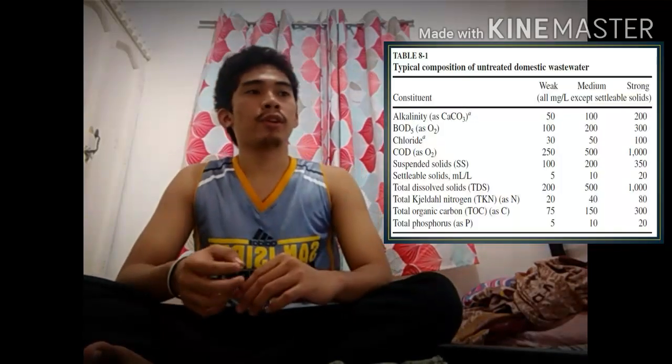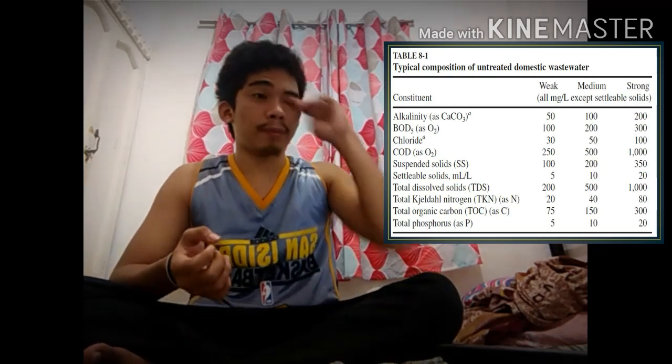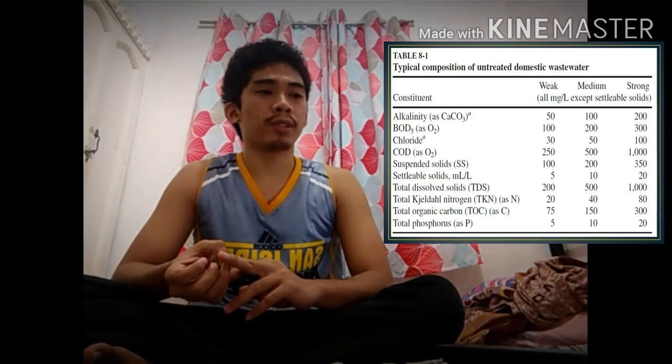In this table, we can see the typical composition of untreated domestic wastewater. Its constituents include alkalinity, BOD5, chloride, COD, suspended solids, settleable solids, total dissolved solids, total nitrogen, total organic carbon, and total phosphorus.